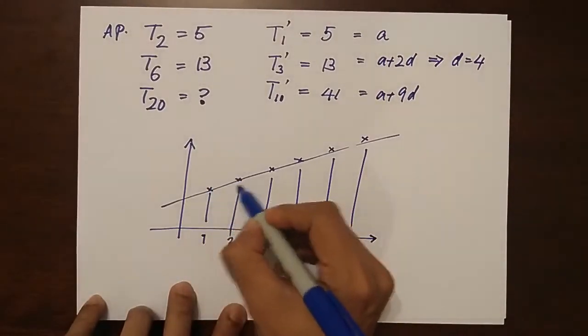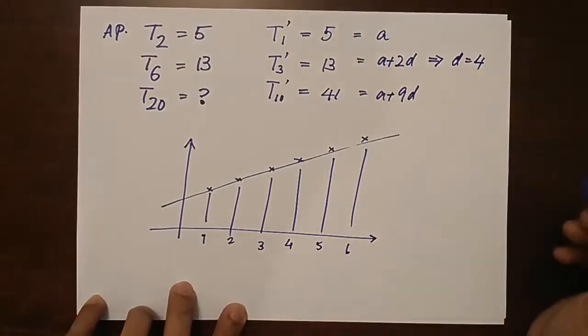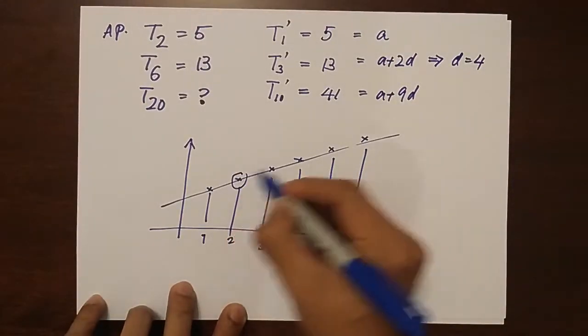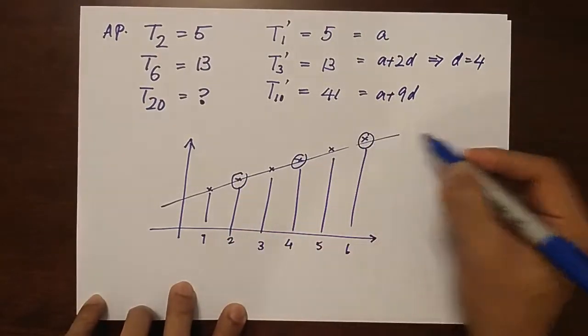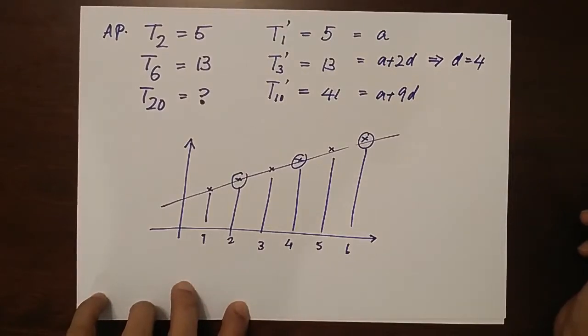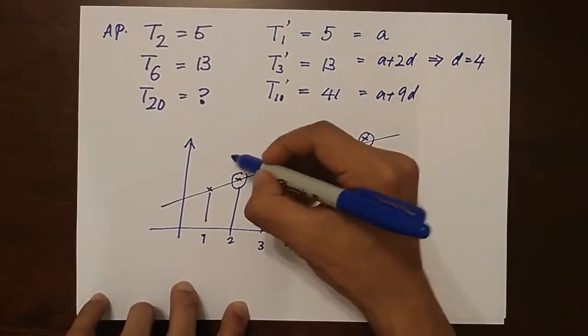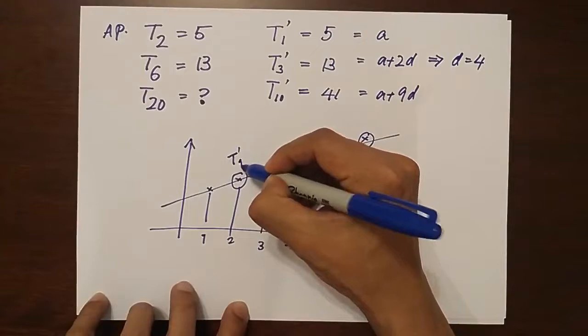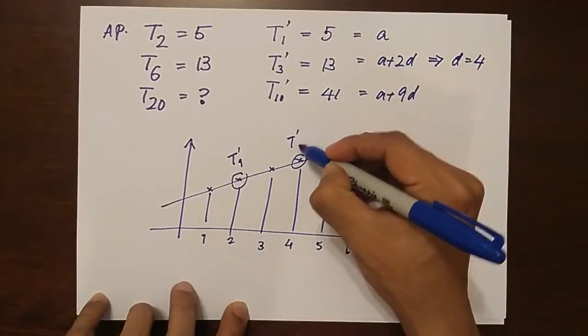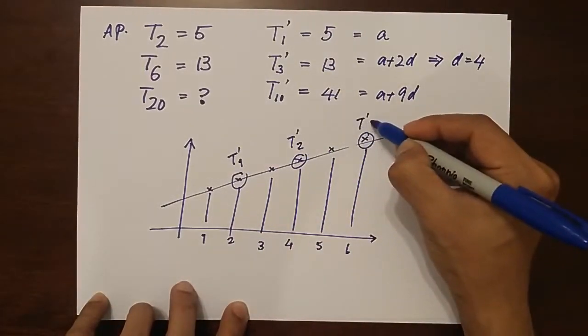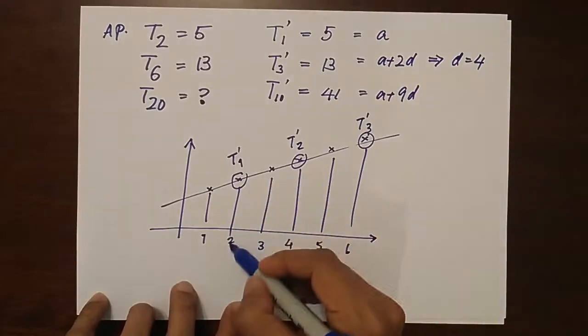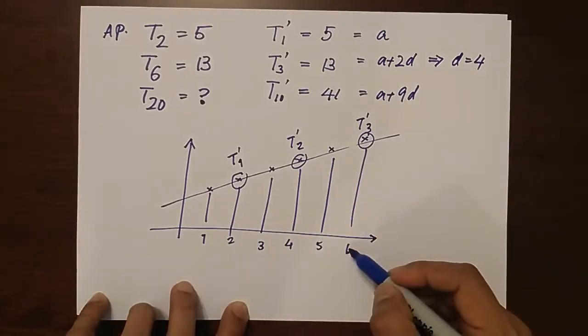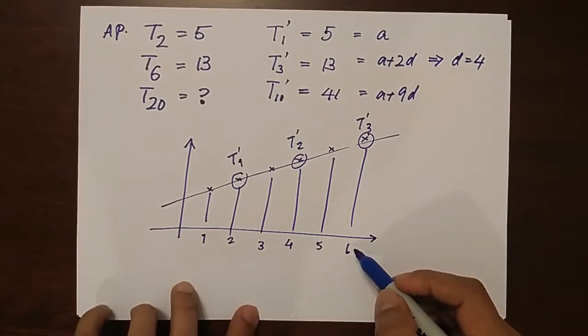Now, if these terms form an arithmetic progression, then the second and fourth and sixth terms and so on also form an arithmetic progression themselves. So if this was the first term of a new arithmetic progression, that was the second term, that's the third term, you can see that's exactly double the nth term of your original arithmetic progression.